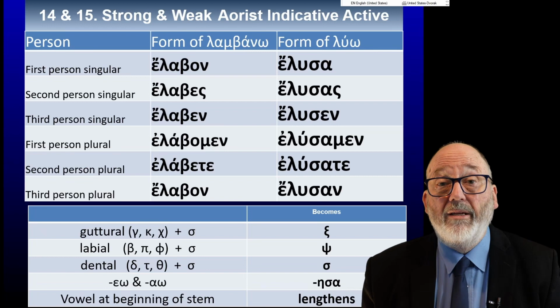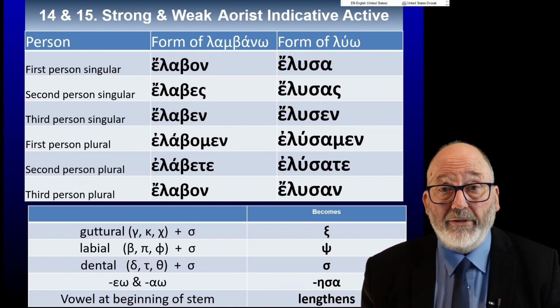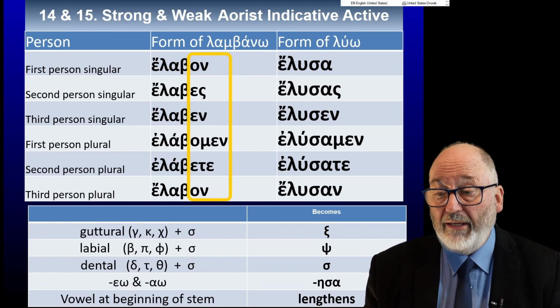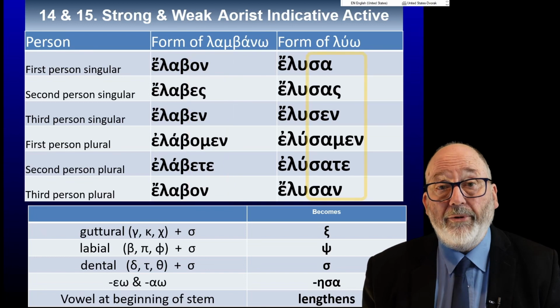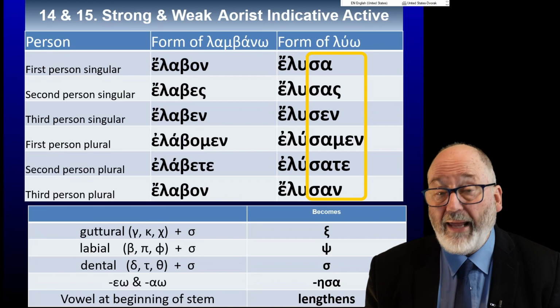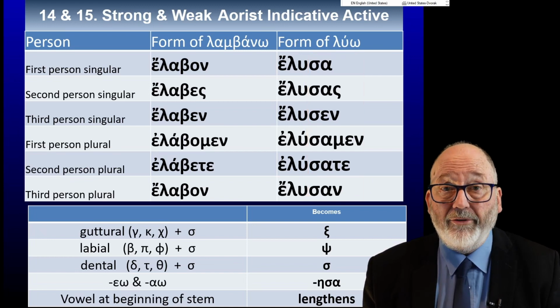If you remember, we have available to us two sets of endings that represent aorist tense. One represents the strong aorist, that's the on, es, e endings, and one represents the weak aorist, that is the sa, sas, sen, samen, sate, san endings. Well, let's look at our list of aorists of mi verbs again.